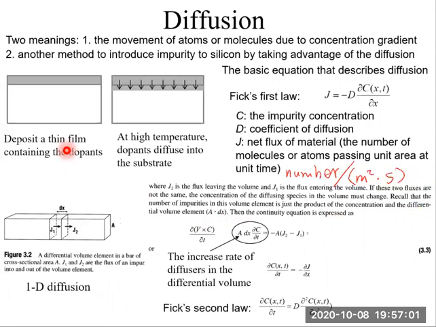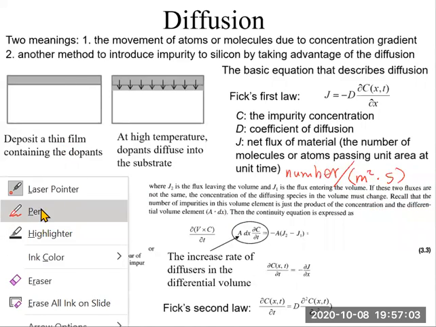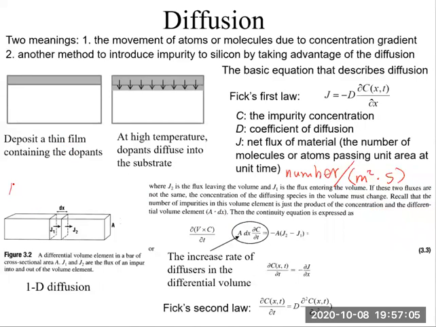So the number n should be equal to the concentration times the volume, and the volume is A times dx.